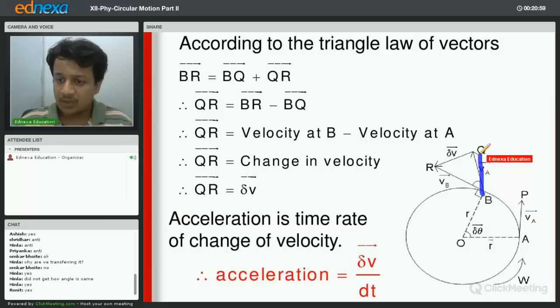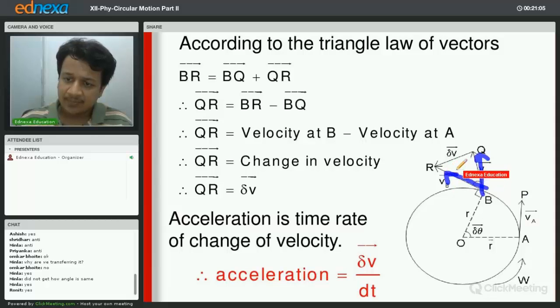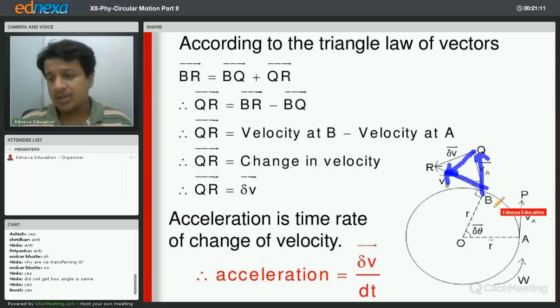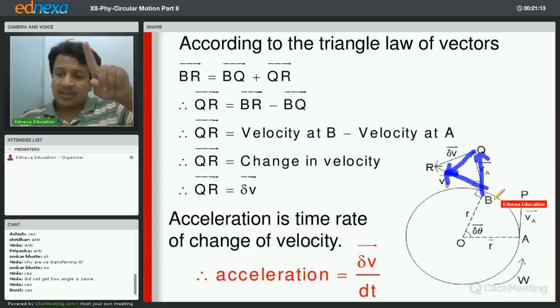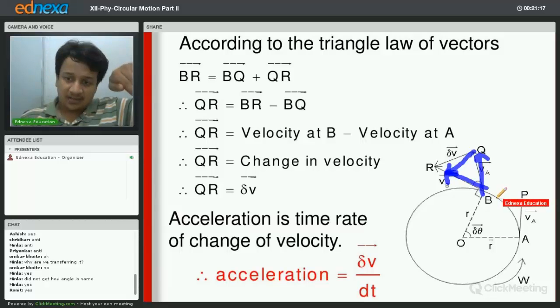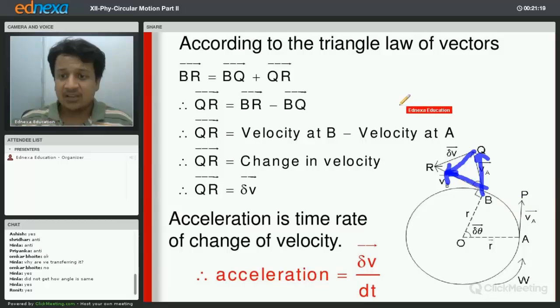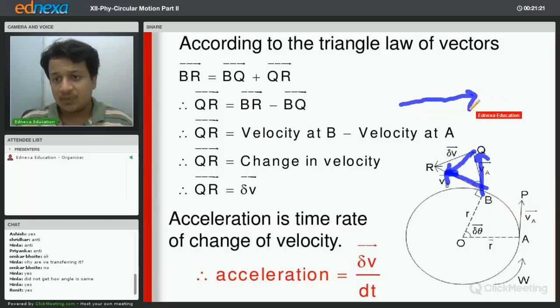BQ is the first vector. BR is the second vector, and QR is one more vector. So if we travel in sequence, BQ is first, QR is second. Is it right? See again, triangle law. This is the first vector, this is the second vector, no?